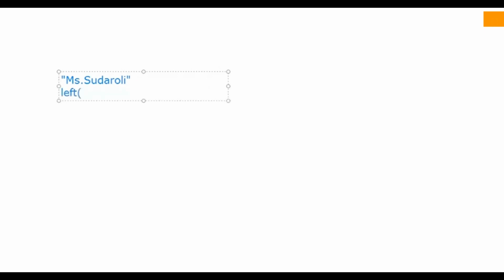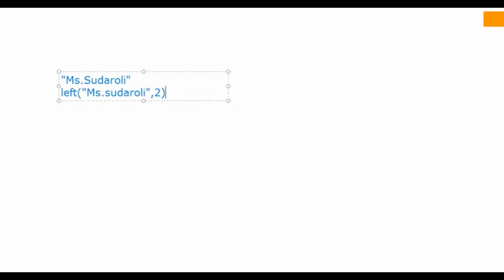So I'll just use a left function. How do I use this? I will use left with the string. So I will directly pass my string, which is Miss Sudroli, followed by the number. Okay. So this number represents the length of your substring. Then this will give you the output where your substring will consist of the two values only.